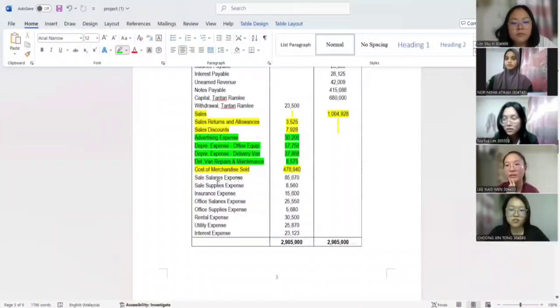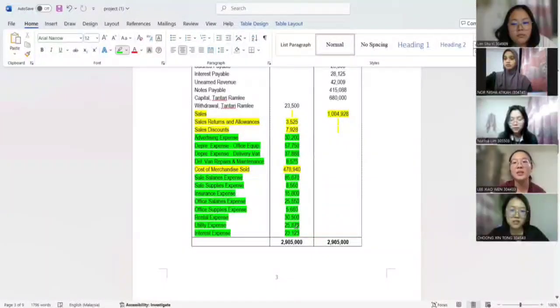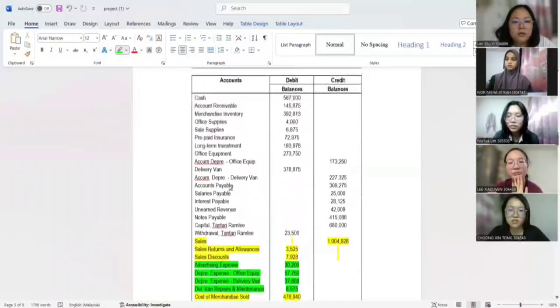Next is the sales salaries expense, sales supplies expense, insurance expense, office salaries expense, office supplies expense, and also the rental expense, utility expense, as well as the interest expense. These expenses have to be totaled up in order to get our total expenses and also the net profit. So these are the elements we have stated in the statement of profit or loss.